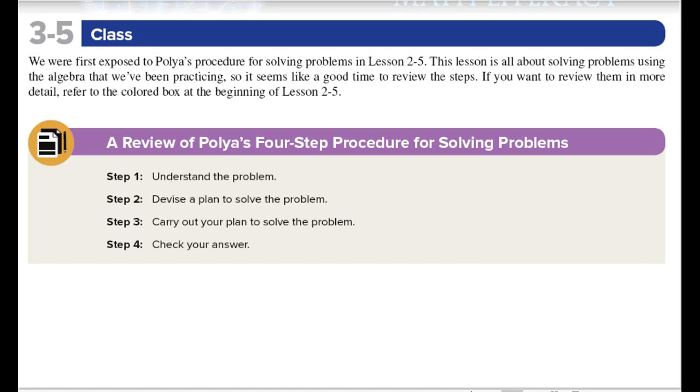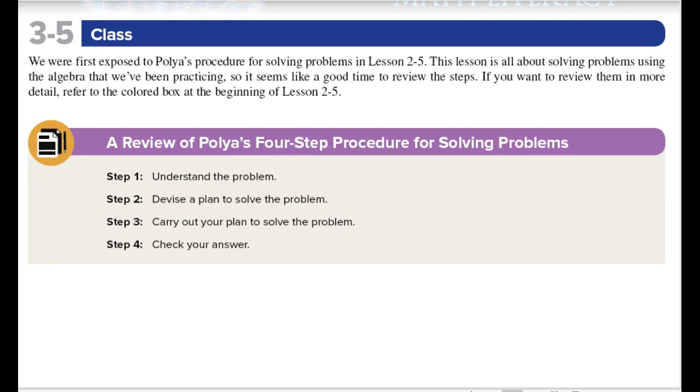Then step 3, you carry out your plan. That's where you actually do the calculations. And then once you've done the calculations, you need to go back and say, okay, now that I have this number, does it actually work for the information that's given? So that's really going to be what we're after today.